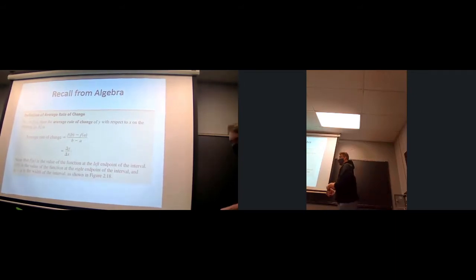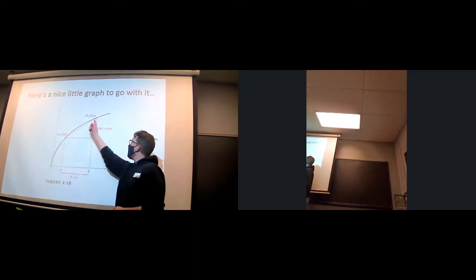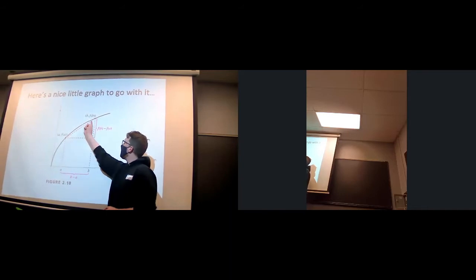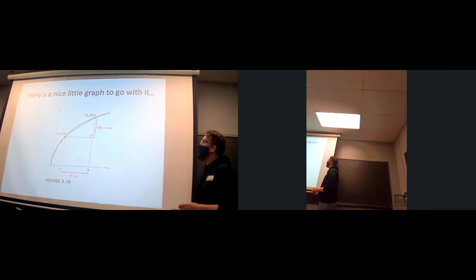So if we have some function, x equal to a, x equal to b, what the difference quotient would be, this dotted line here, the hypotenuse of that right triangle, is what that secant line is going to have as a slope.